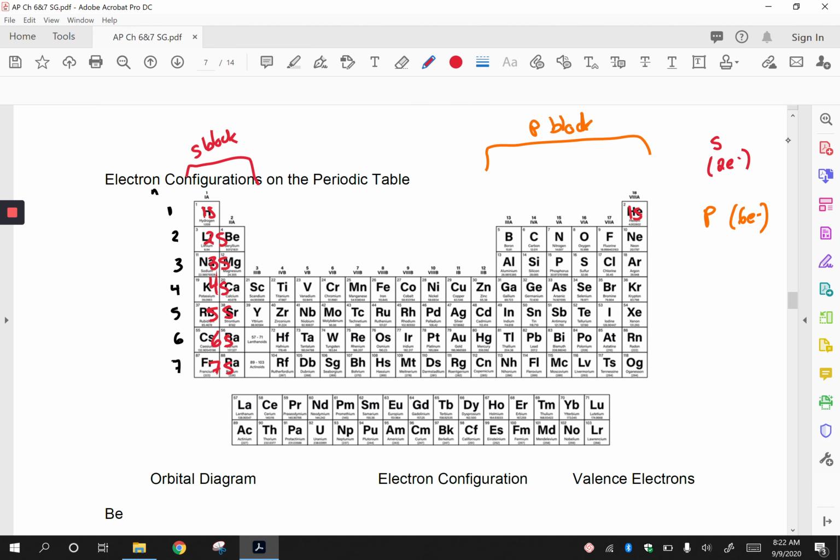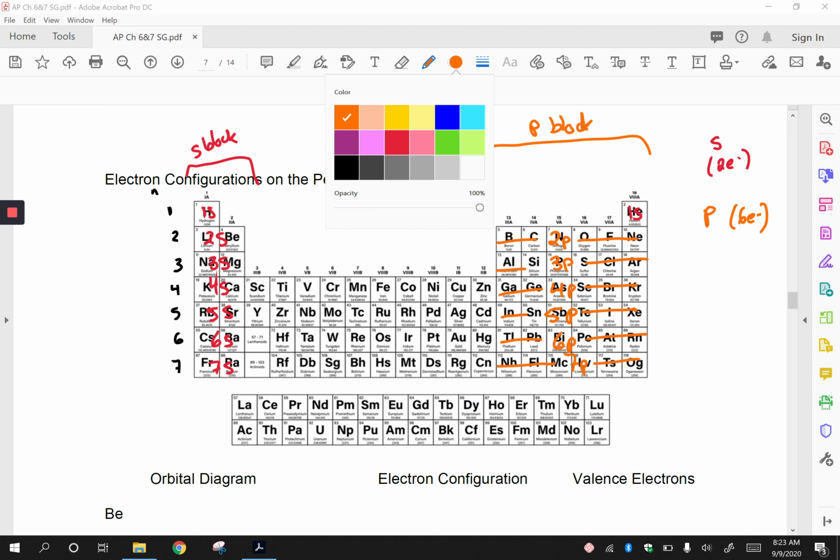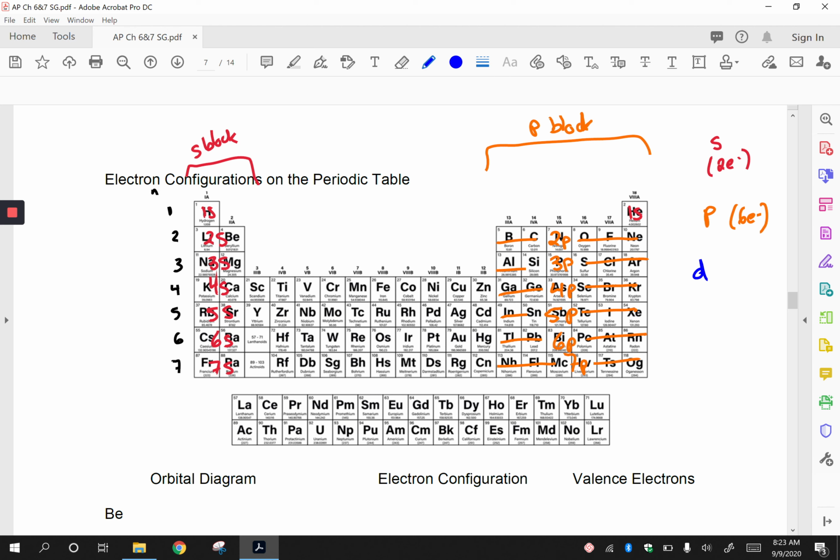That's the second block that goes here. So the P actually starts with the second energy level. There is no 1p, so this is the second energy level, so this would be 2p, 3p, 4p, 5p, 6p, and 7p.